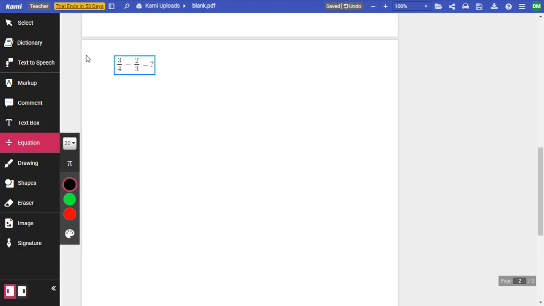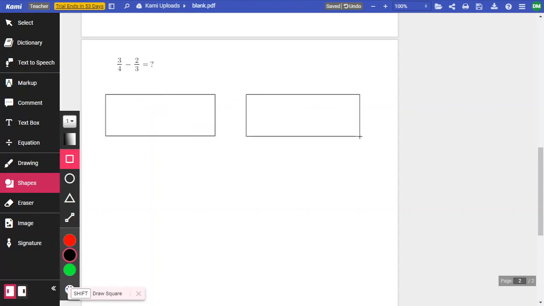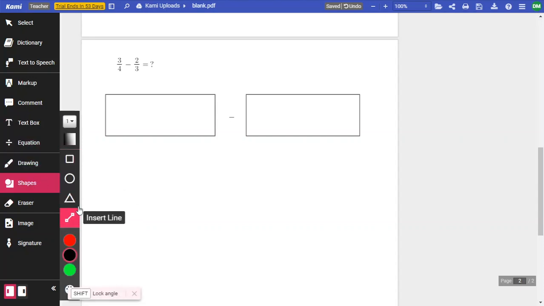Okay, let's look at this. So I'm going to do the same thing that I did last time. I'm going to draw a box. This box represents 1. This box represents another 1. And we are subtracting this time. So let's see, we've got fourths. So I'm going to draw my fourths like this. 1, 2, 3.